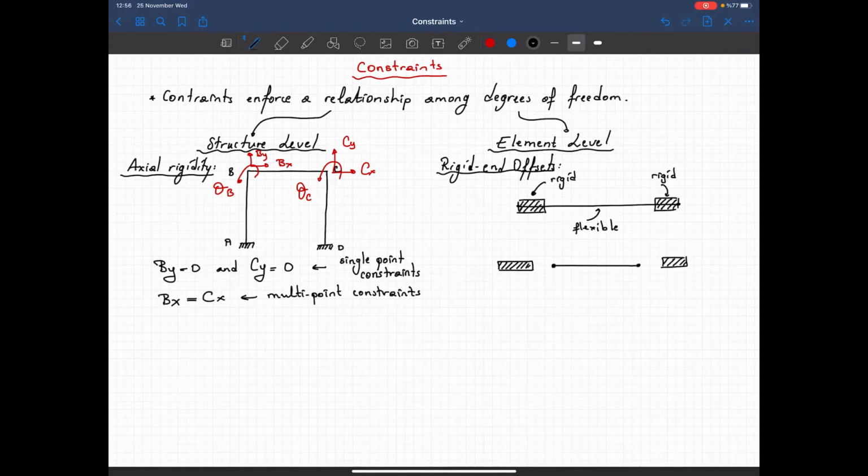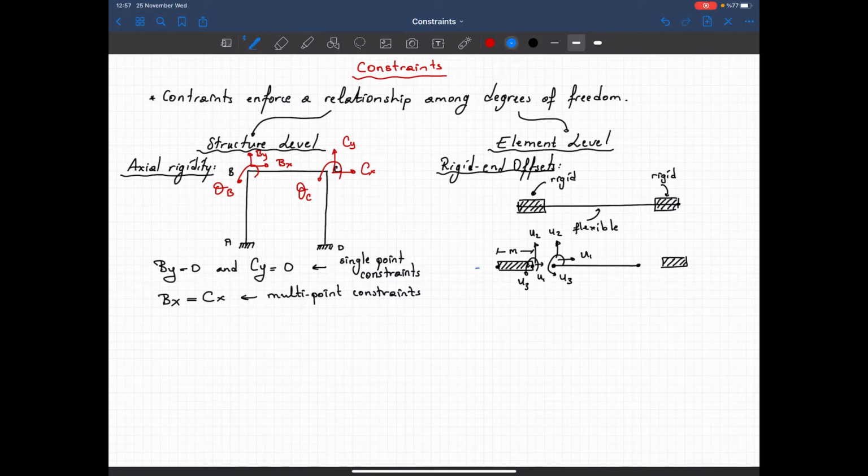Okay, and we will have some degrees of freedom here, u1, u2, and u3. Let's say that the length of this one is equal to m. At this node, I should have the same degrees of freedom, u1, u2, and u3. And here, I will have different degrees of freedom.